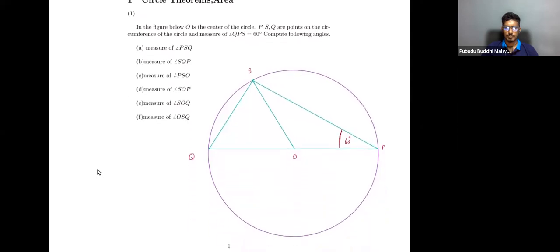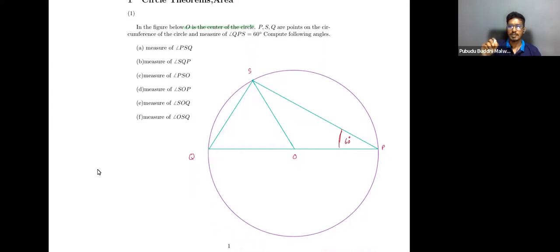To solve this, initially, this statement is quite important: O is the center of the circle, and P, S, Q are points on the circumference.